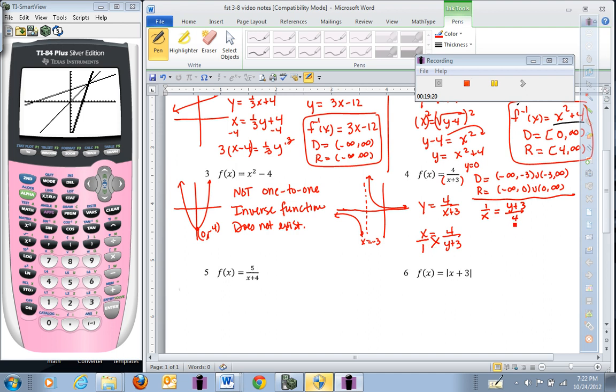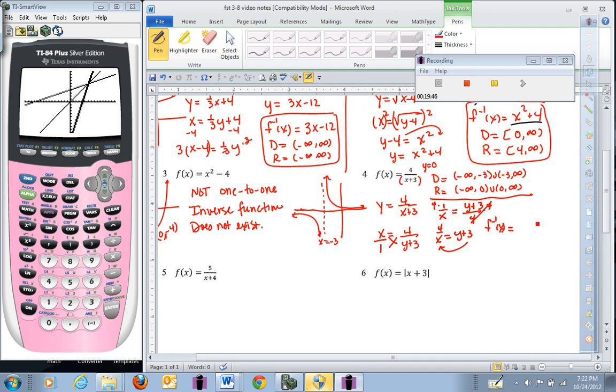So that means that once I get that done, I would multiply both sides by 4. So 4 over x equals y plus 3, and then we'll subtract 3 on both sides. So we're going to say f inverse of x is equal to 4 over x minus 3.